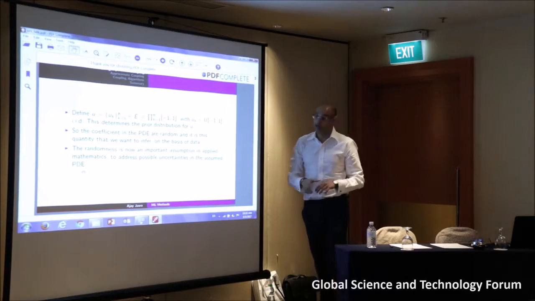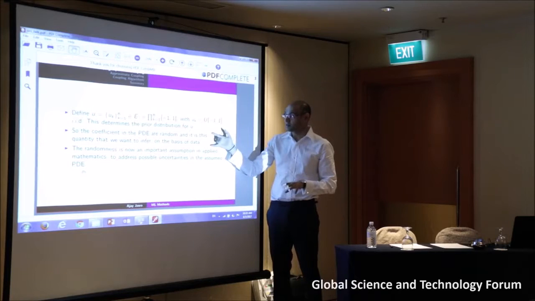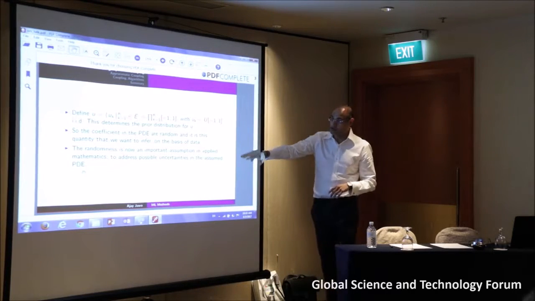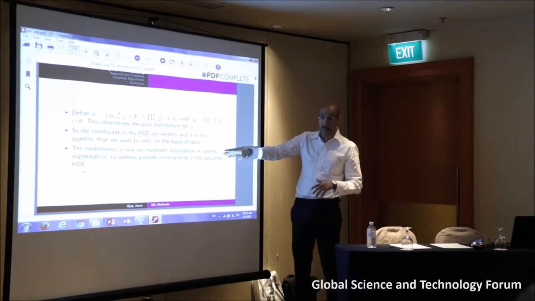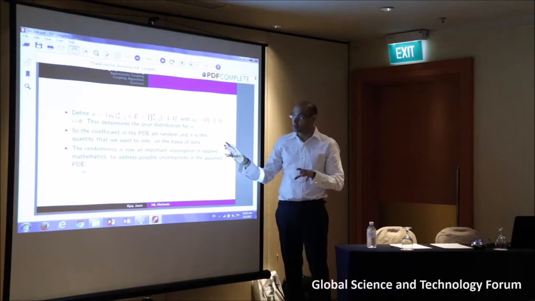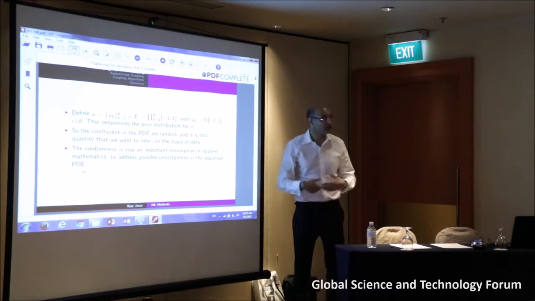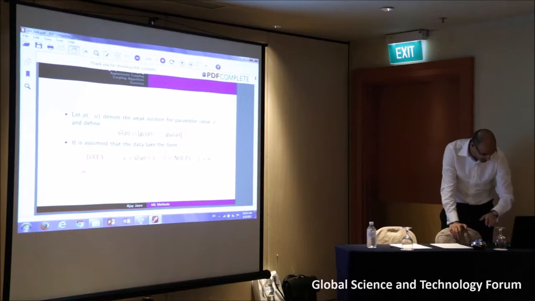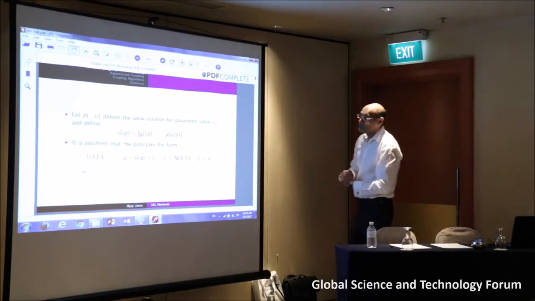So the coefficient and the PDE are random, and it's this quantity we want to infer on the basis of data, which I haven't explained yet. This is a problem in applied maths, and a lot of people who work on the numerical side of applied mathematics are now moving towards types of stochastic models which one might have seen in statistics years gone by.